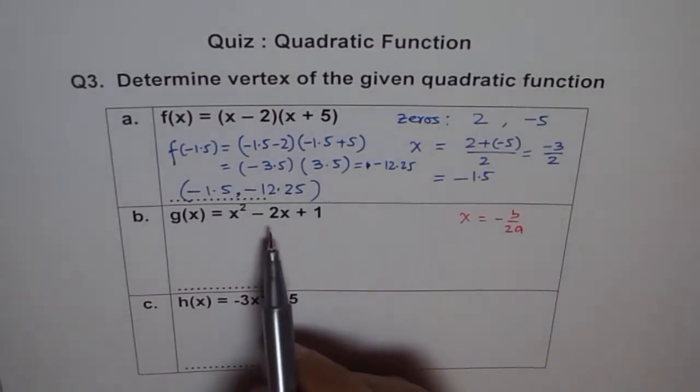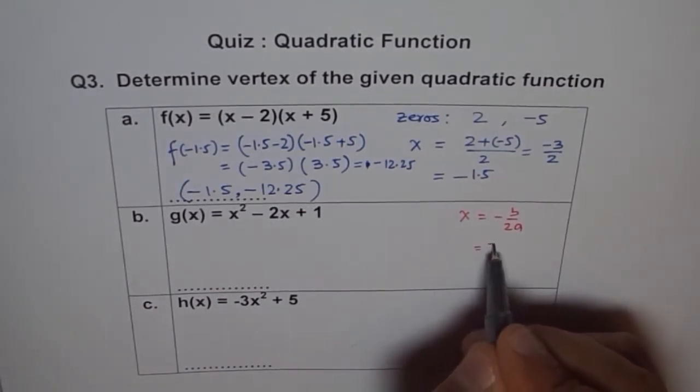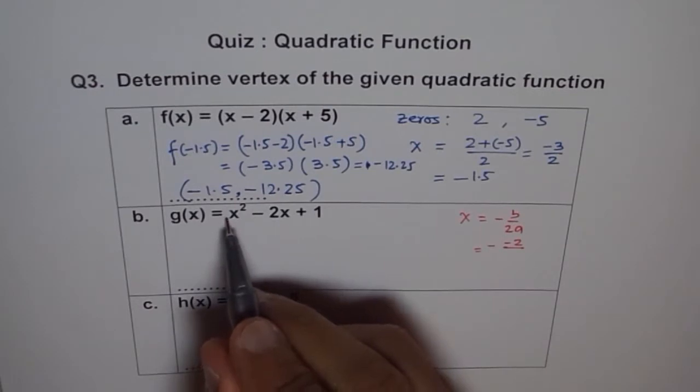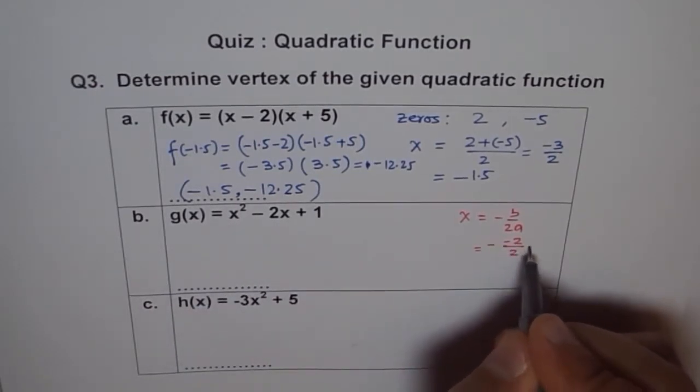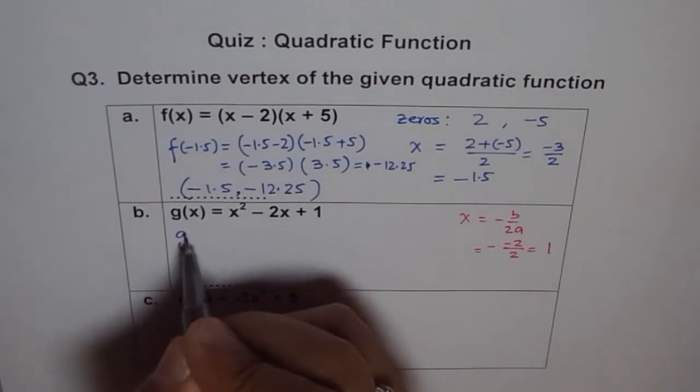Now here, what is the b value? B is minus 2. So we get minus of minus 2 over 2 times a. A is 1, so over 2, which gives us x equals 1, correct? Now if x equals 1, then we can plug in this value of 1 here and find g of 1.